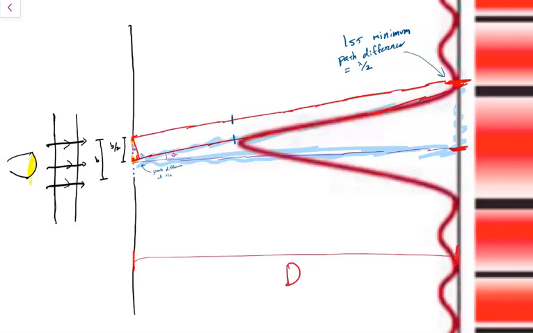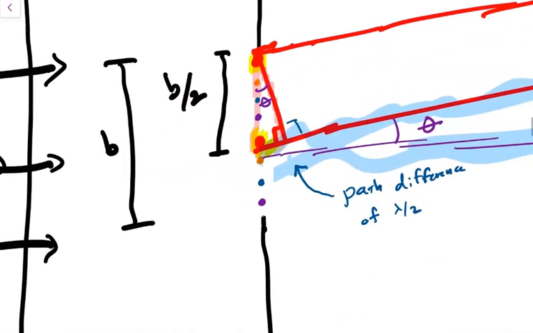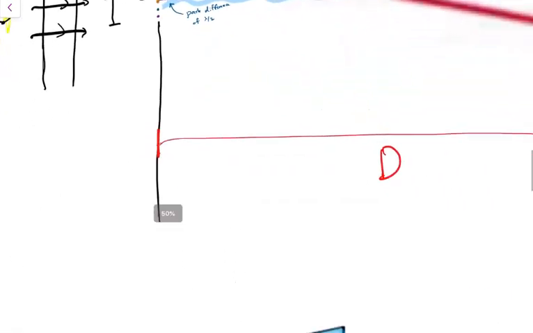If we look at the path difference of lambda over 2, we would see destructive interference, and that would create similar triangles that we can use to find relationships between the distance to the screen, the distance to the first minimum, and the wavelength as well as the slit width. That's what we've just come up with.